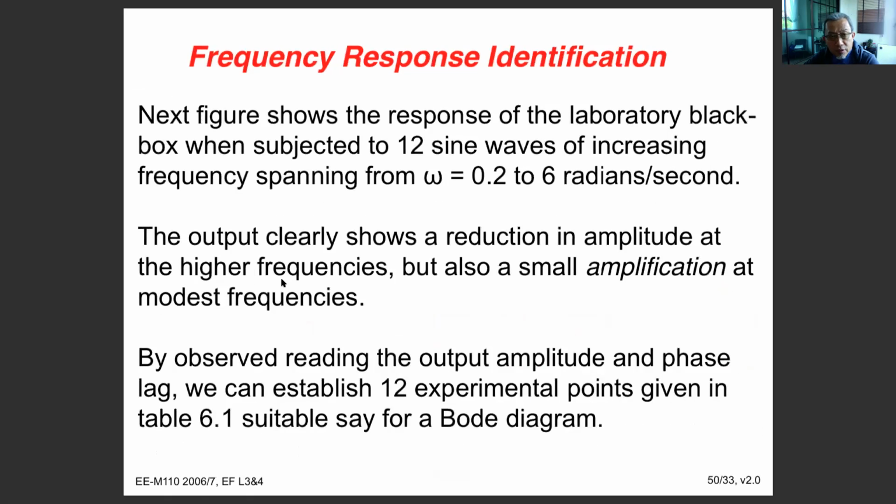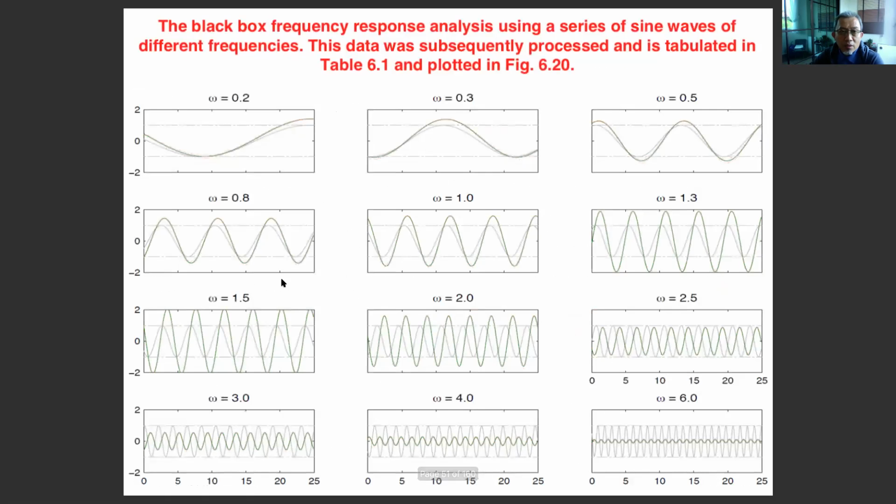So let's say we have 12 sine waves, tested from 0.2 to 6 radians per second, and we plot them with different frequencies, omega 0.2, 0.3, 0.5 until 6.0.